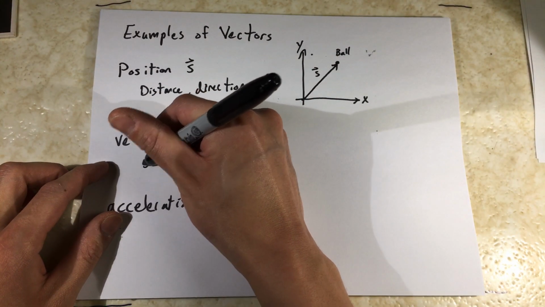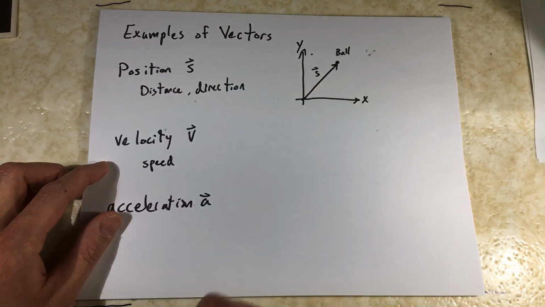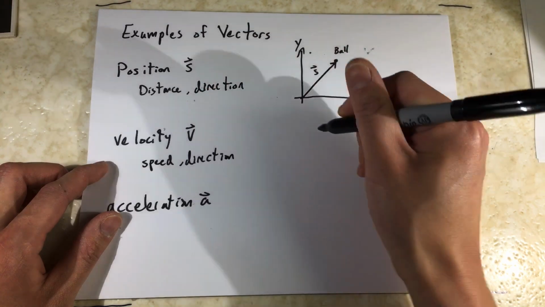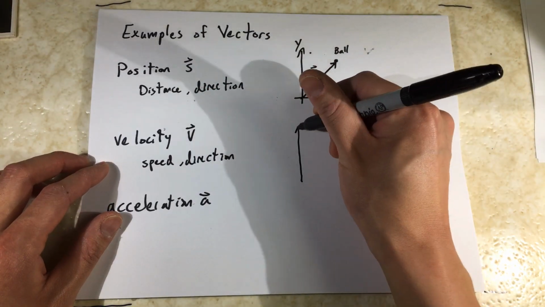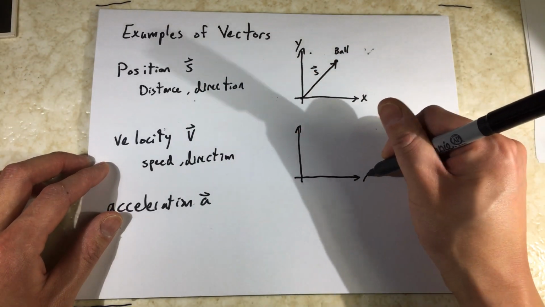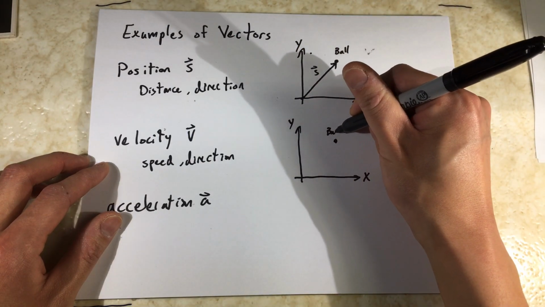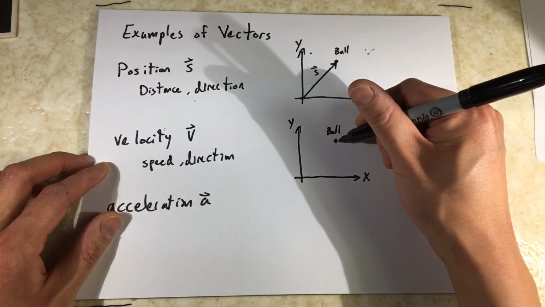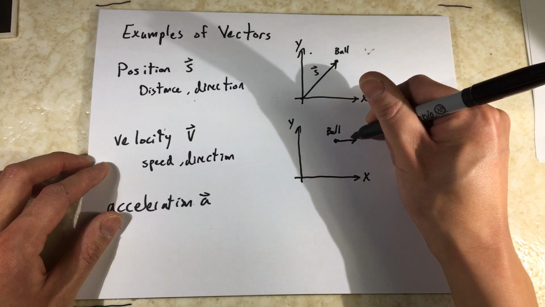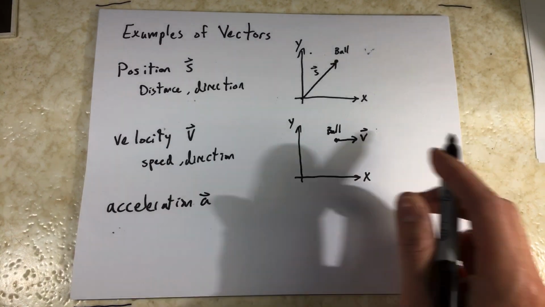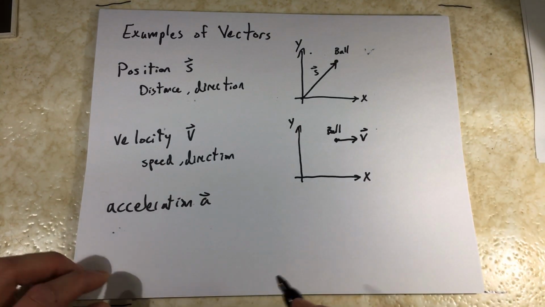Velocity is speed, its value, and velocity also has direction. So if we look at our same ball here, let's say that it has a velocity at the highest point. It'll have a velocity that looks something like this. So let's say that's the velocity vector. That's its direction of motion at that instant of time.